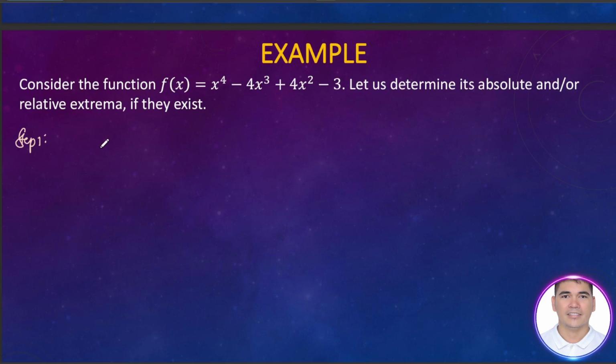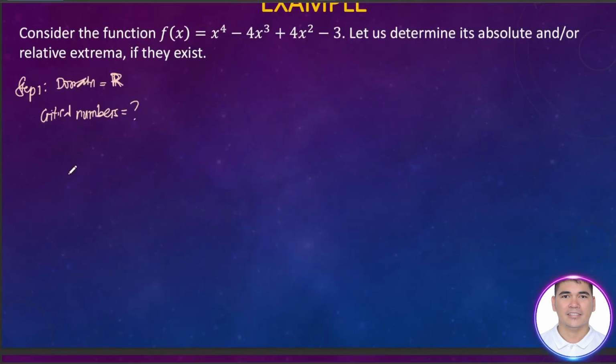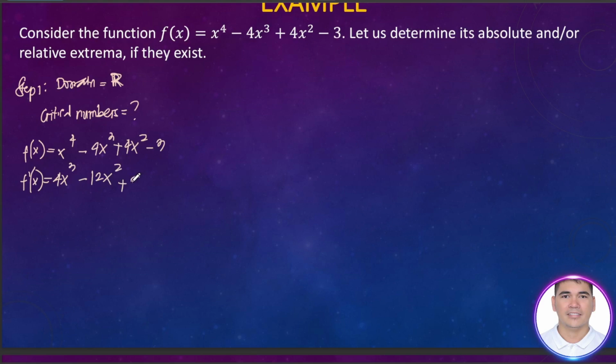So the domain here is the real numbers. Now we have the critical numbers. How are we going to find the critical numbers? We just take the derivative of the given function first, then equate it to 0 to get the critical numbers. So, the derivative is 4x to the power of 3 minus 12x squared plus 8x.